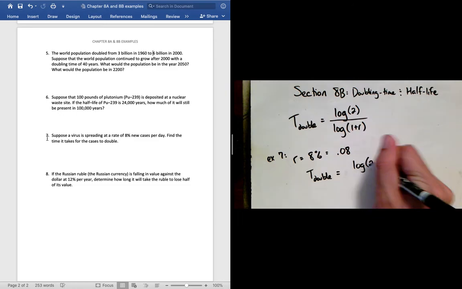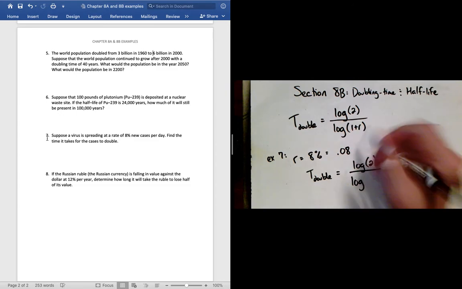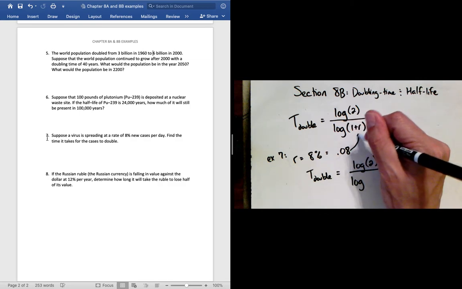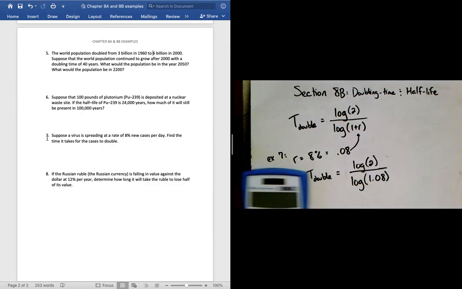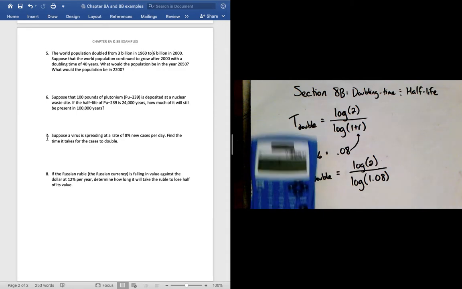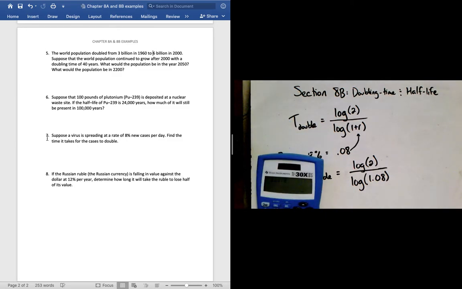Log base 10 of 2 over log of, if our r value is 0.08, 1 plus 0.08 is going to give us 1.08 inside of the denominator. The calculator already gives you little parentheses for log, for the location of log. Sorry, I don't know if you can see that very well.